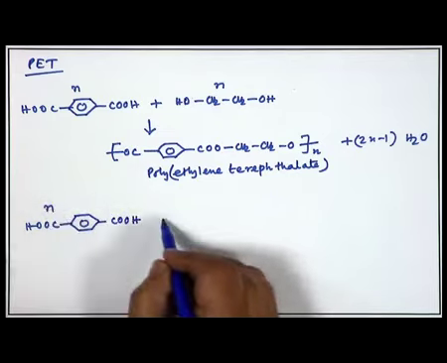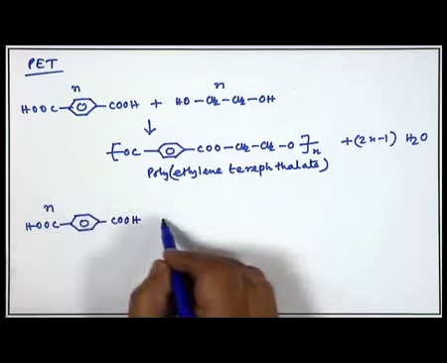So, now you can imagine in the polymer you will have half of the ester groups being ethylene terephthalate and the other half of the polyester groups containing butylene terephthalate. Okay.